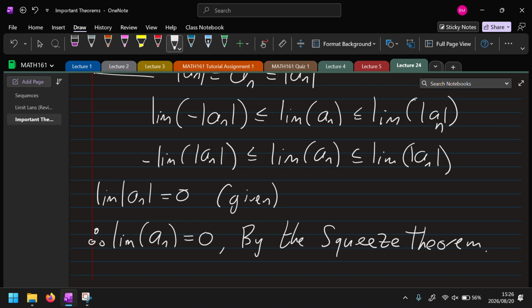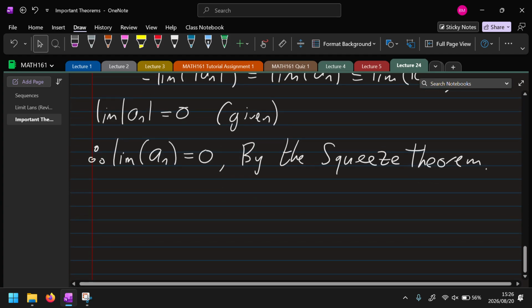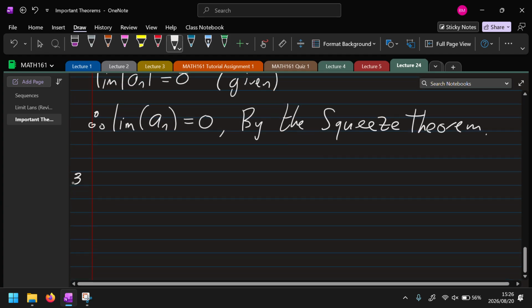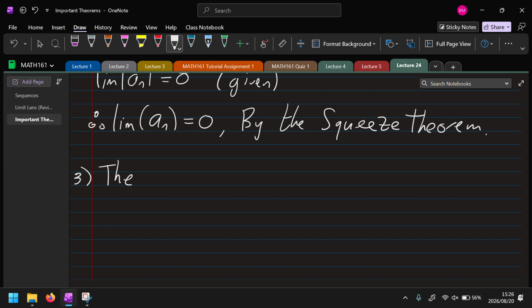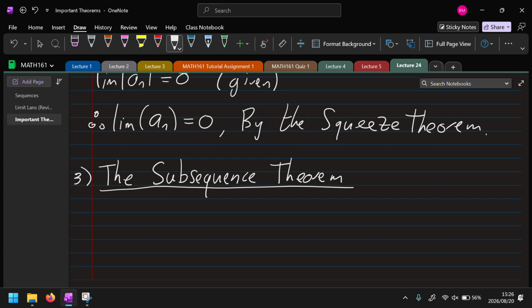You're good. Okay. Then the last theorem for today, theorem number 3. This one's very important, so it gets a name. The subsequence theorem. Okay. The previous two, they don't have names. This one is quite important, so we give it a name.